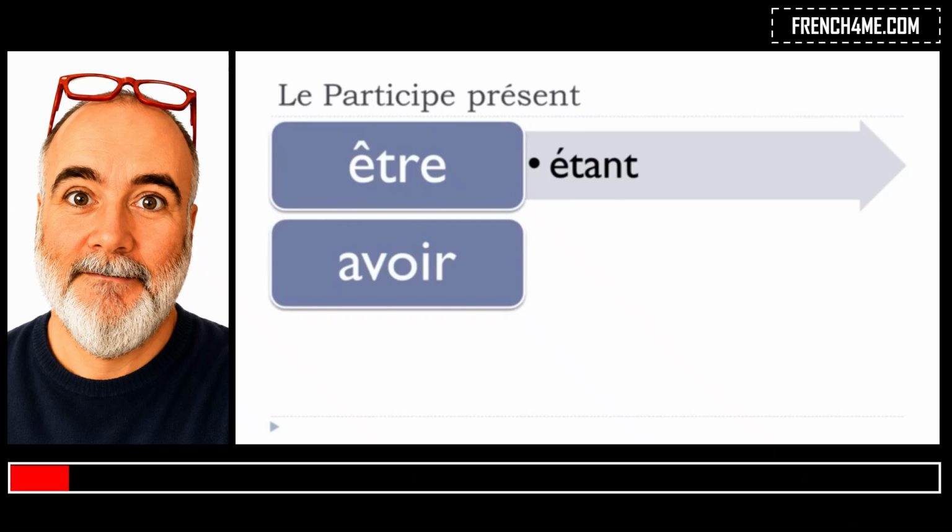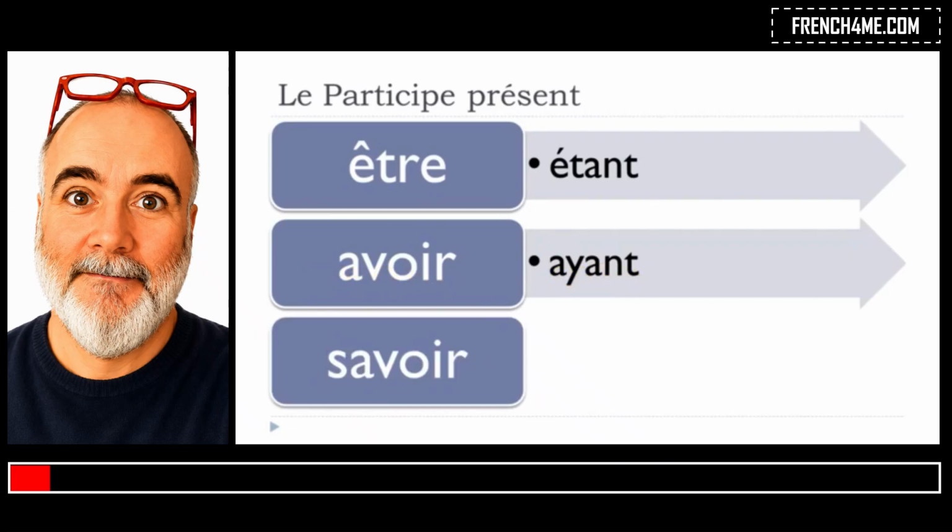Then avoir, to have, and you will get ayant. Ayant will be the participe présent form of avoir. And the last one will be savoir. Savoir is to know, and we will get sachant. So étant for être, ayant for avoir, and sachant for savoir.